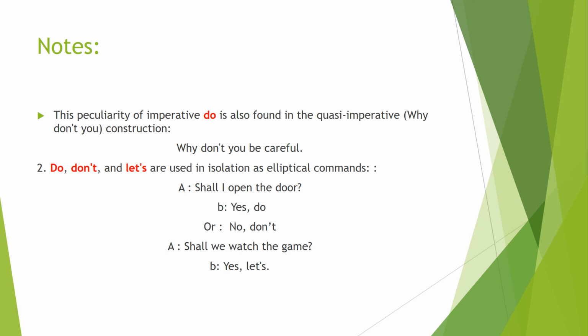So do and don't here are not operators that we use to say the answer is positive or negative. No, these are markers of commands. Here the listener, when giving an answer with yes or no, is actually making a command with do or don't.